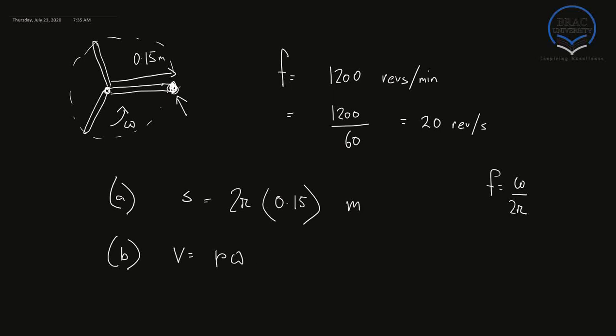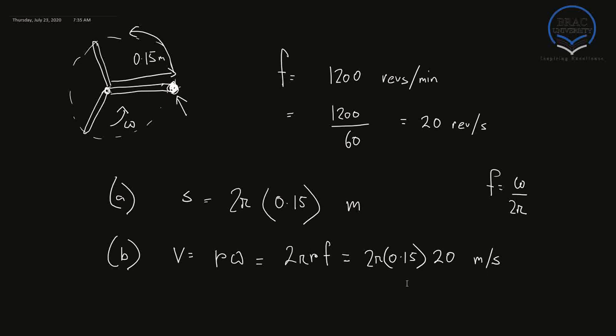We can substitute that, which gives 0.2 pi times 0.15 times 20 meter per second. That's the speed of this tip here, right? This tip moving in this direction. Okay, all well and good.